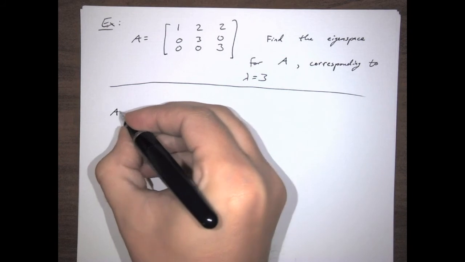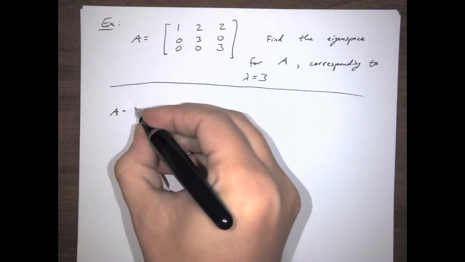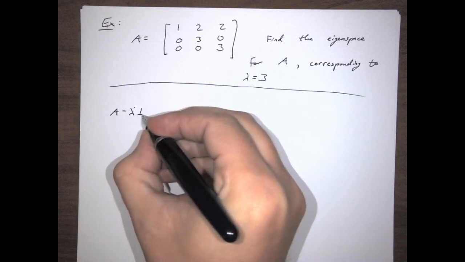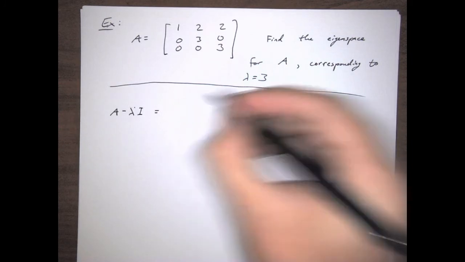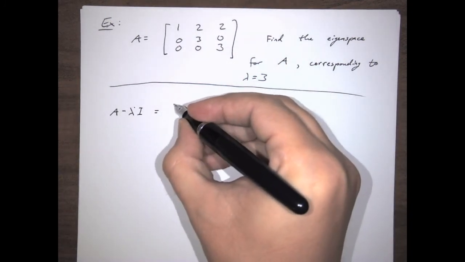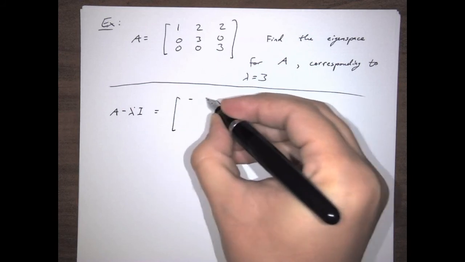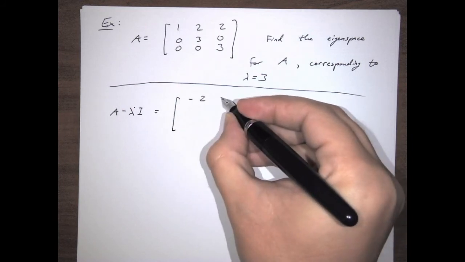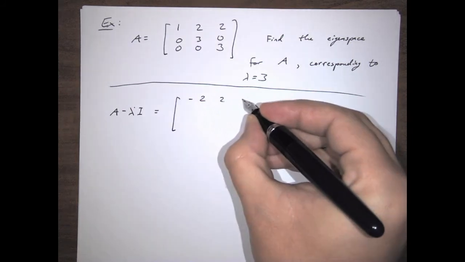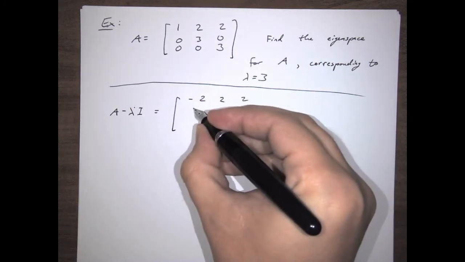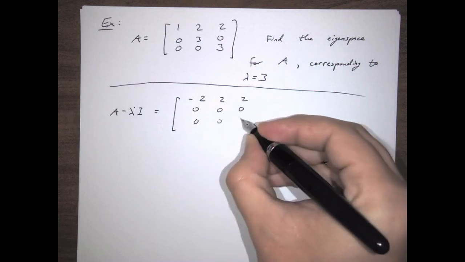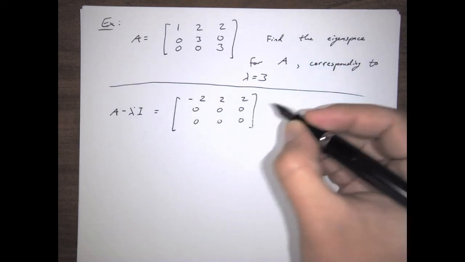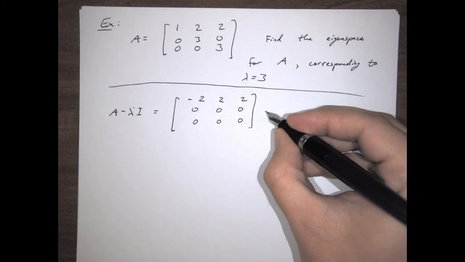So A minus lambda I means take A and subtract 3 from the main diagonal. So we get minus 2, and then 2, 2, 0, 0, 0, 0, 0, 0. Well, we can immediately see what's going on here.